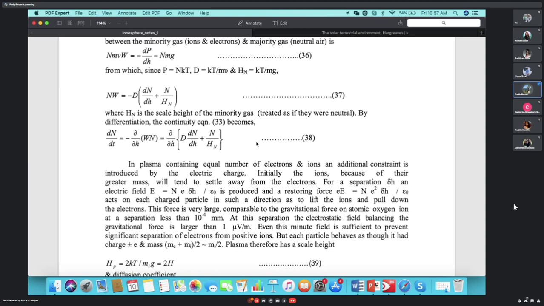I am going a little fast, but we are talking about gravity and vertical movement. When the vertical movement is taking place, gravity is also acting. Within the minority gas you have two species which are not equal in mass.